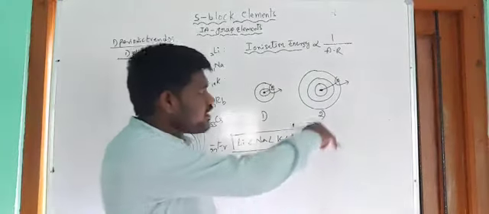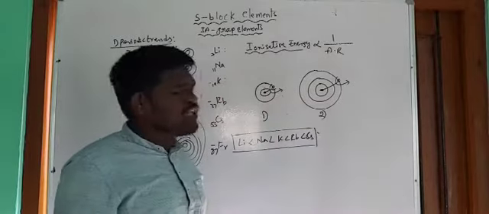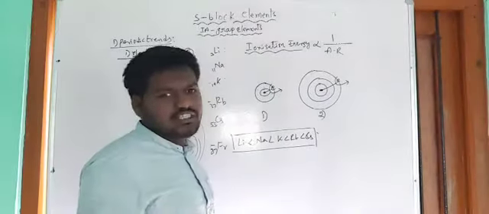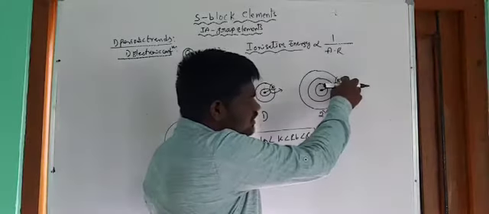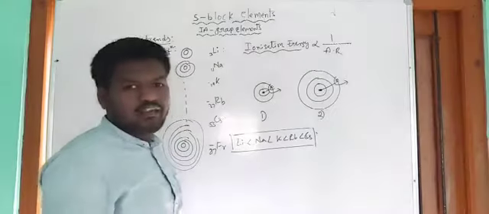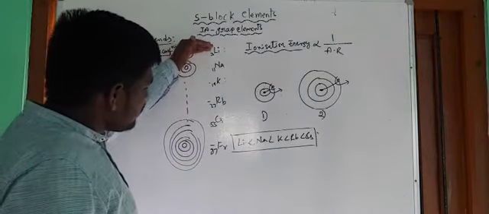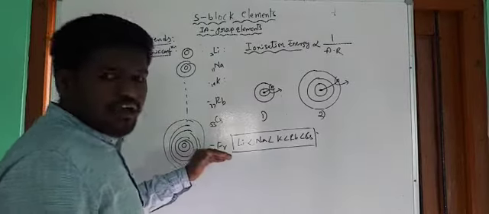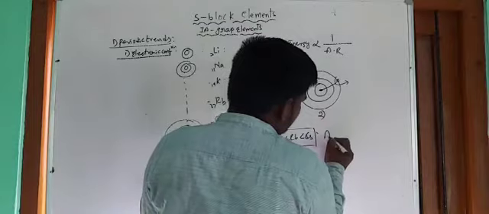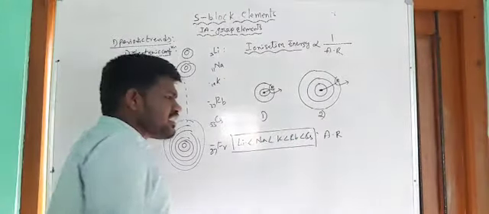Here the removal of the electron is very easy, but there the removal is very difficult. In a difficult situation, we need to use more energy. From lithium to francium, atomic size increases, that is, atomic radius increases. This is the atomic radius order. What about the ionization energy order?